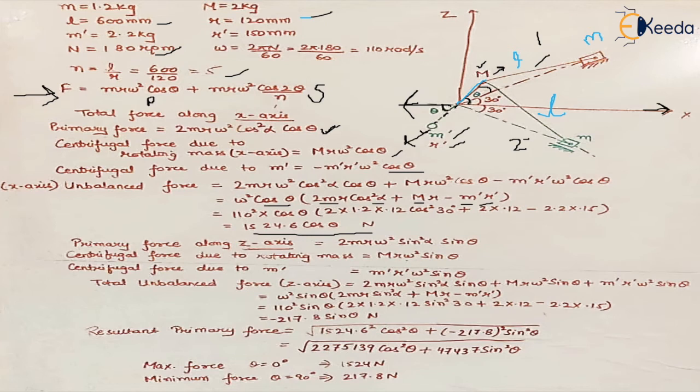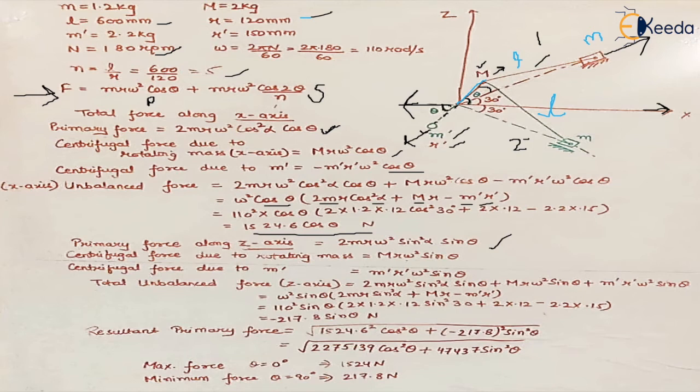Similarly, we can calculate the unbalanced force along the z-axis, because whatever the unbalanced force because of the primary reciprocating mass, it is along the line of stroke. So its horizontal component is the cos theta and its vertical component will become the sine factor. So we get the value which is 2 mr omega square sine square alpha sine theta.